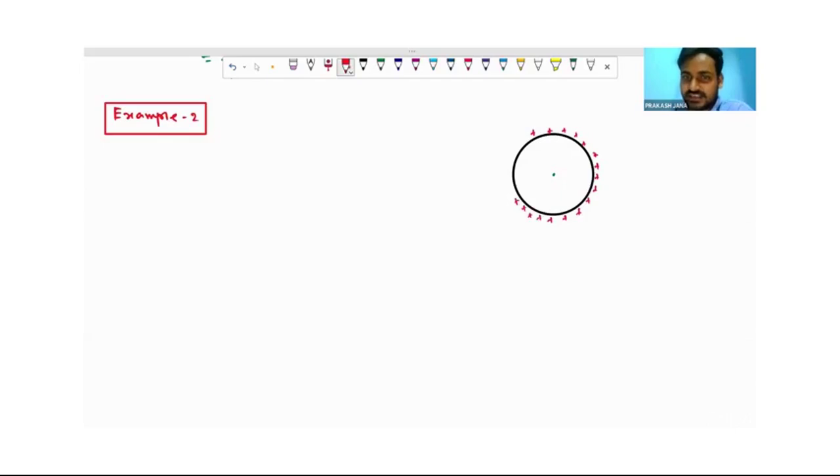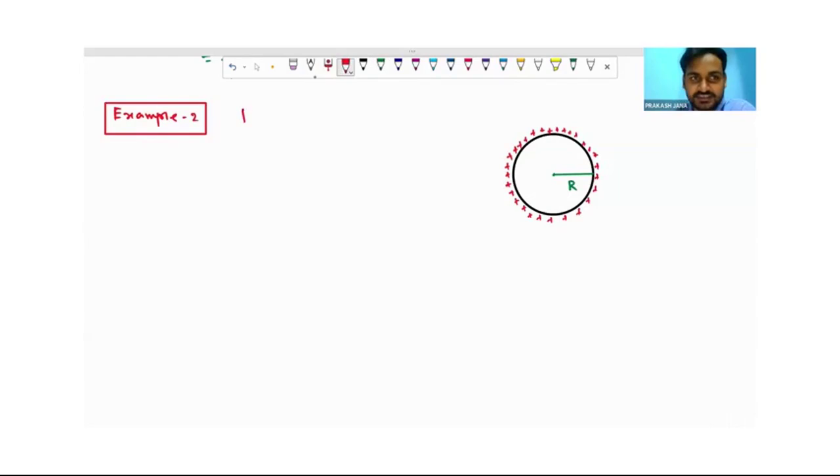So this is the circle. I draw it by black color, and the charges are positive and represented by the plus sign. Now suppose the radius of this circle is capital R.